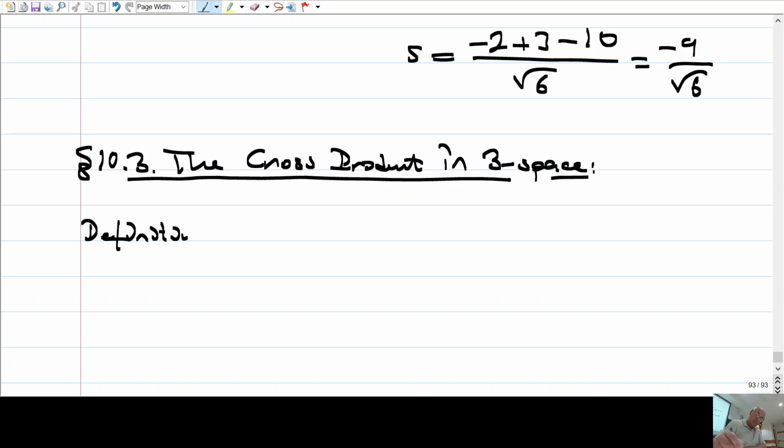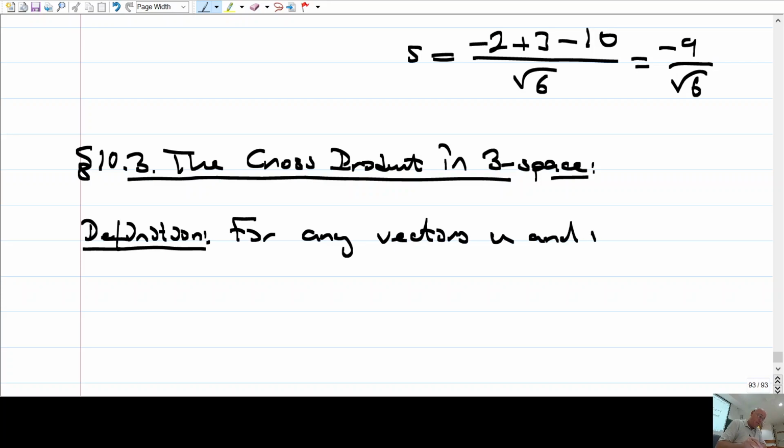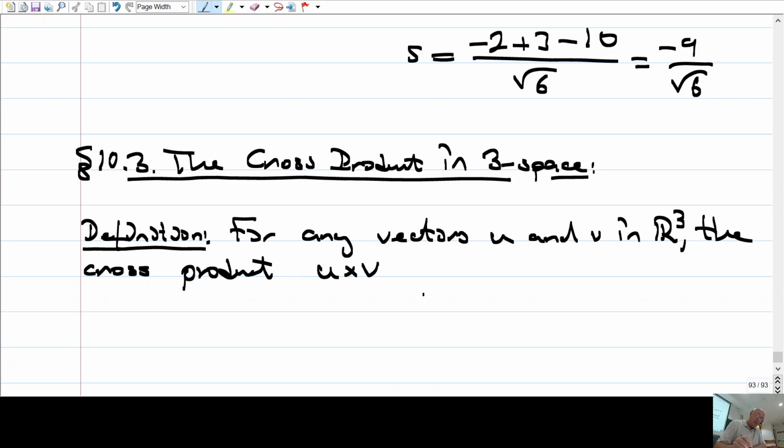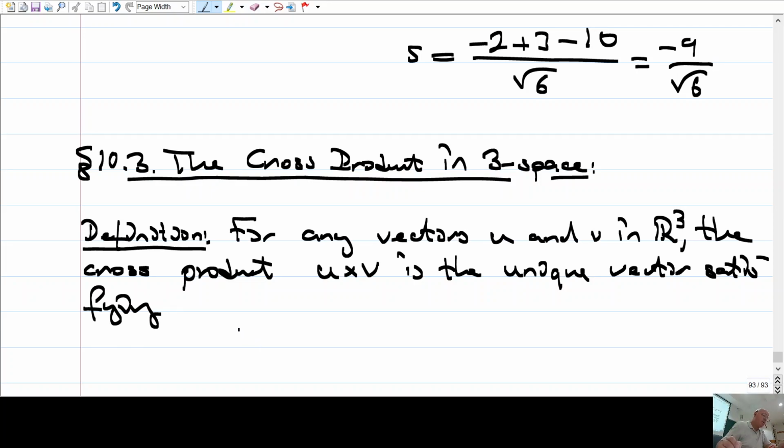Definition: for any vectors u and v in R3, the cross product, which is denoted u cross v, is the unique vector satisfying the following three conditions.